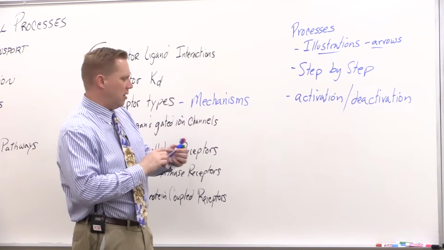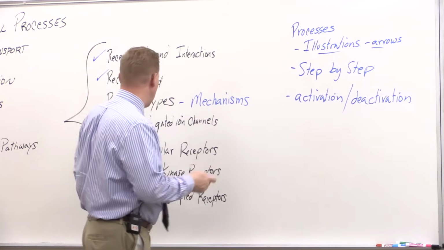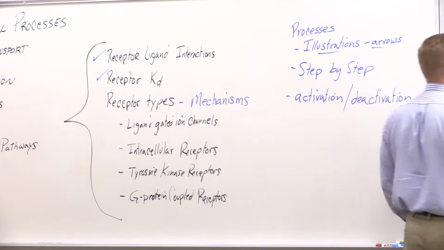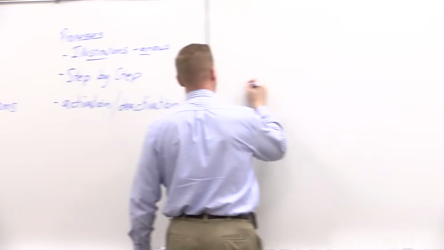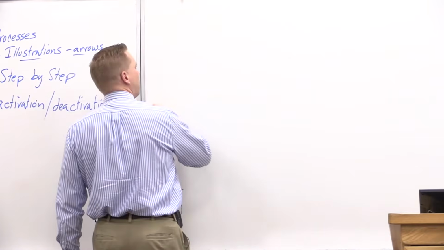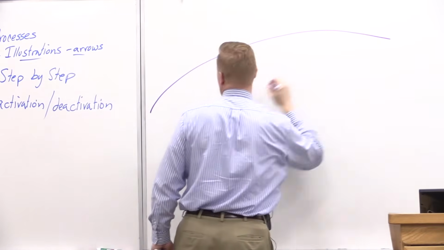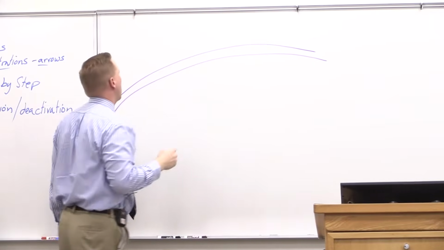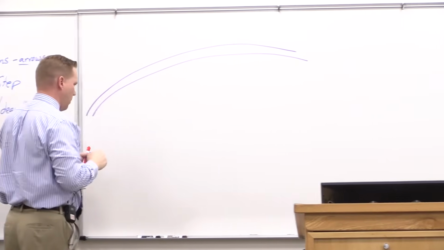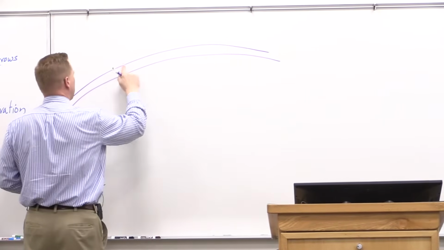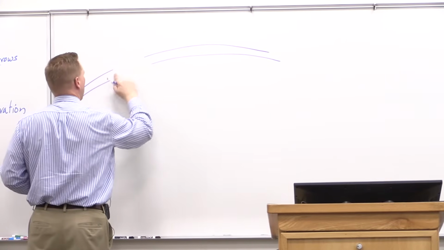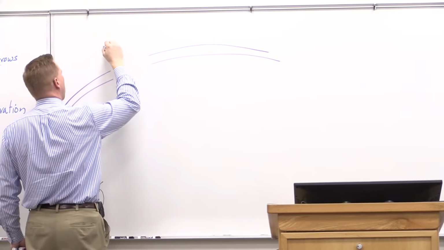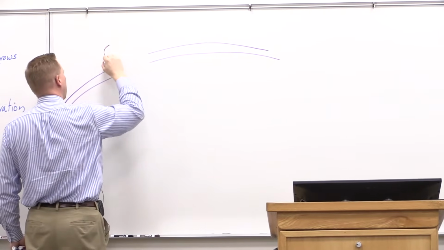With that little bit of primer, we'll get started on our first mechanism, which is going to be ligand-gated ion channels. So, we're going to draw a membrane here. And then in that membrane, we are going to start out with an ion channel.